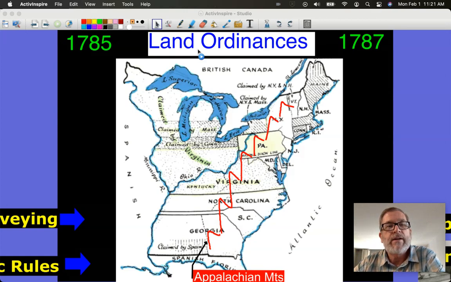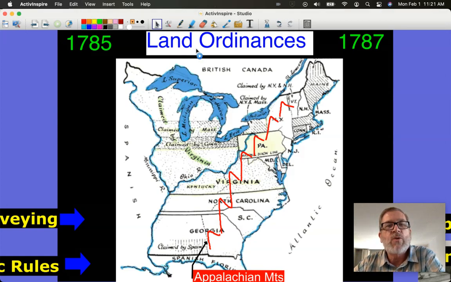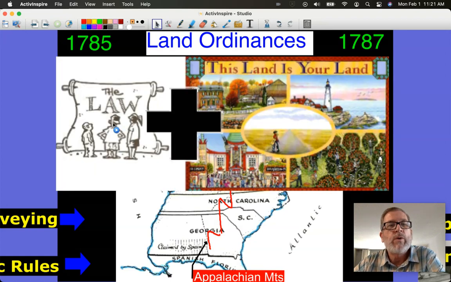The whole point of these land ordinances was to create opportunity for growth, so we put laws into place, rules and regulations about how land will be sold, how it will be divided up into parts, and how we'll create opportunities for representation in Congress.